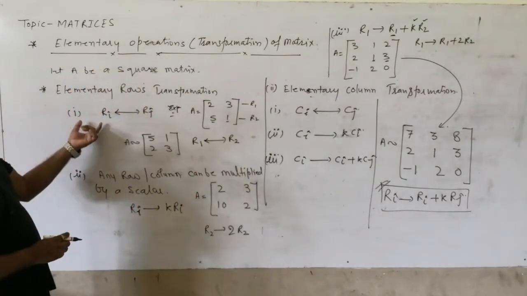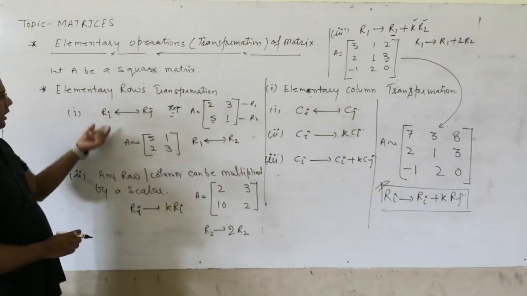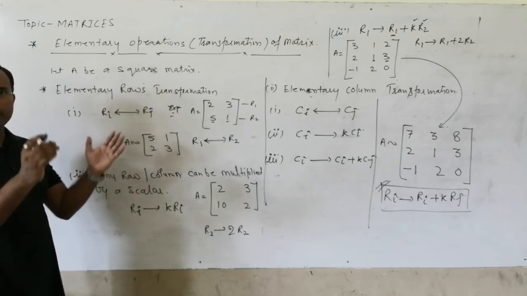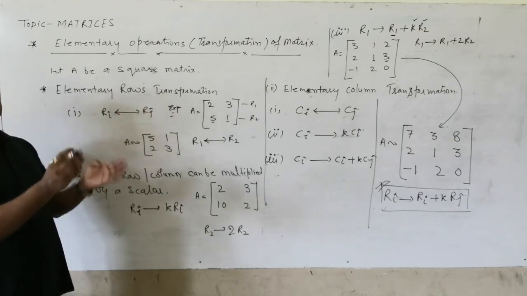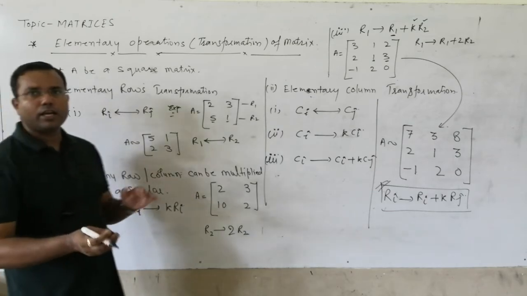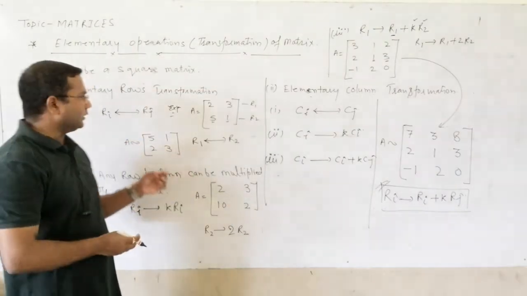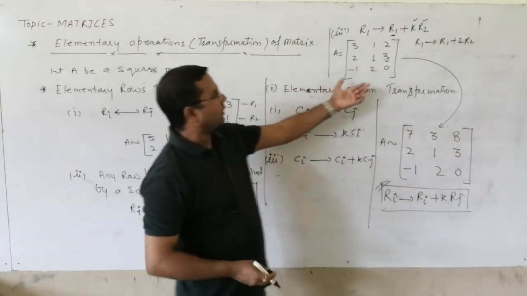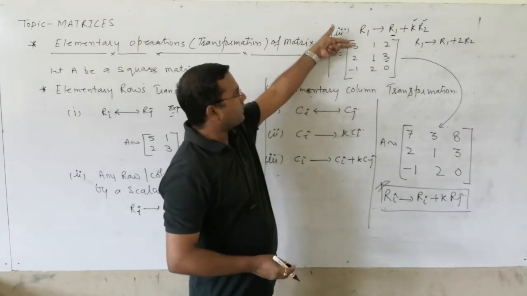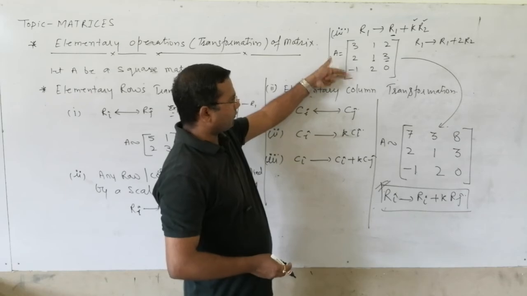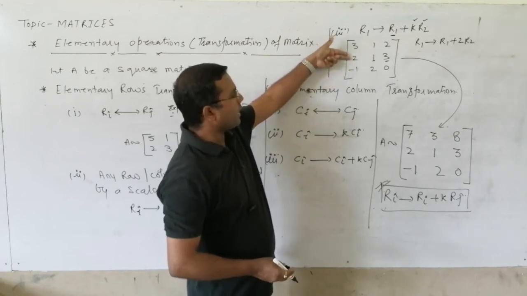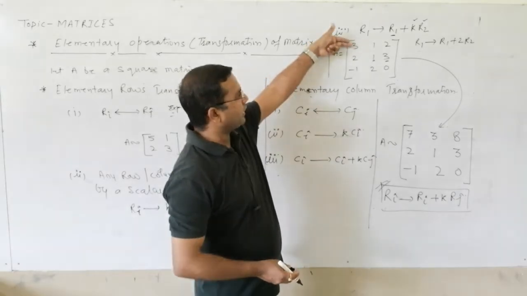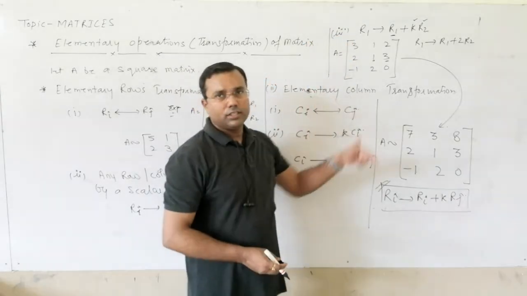The first operation we discussed for the row is that Ri and Rj can be interchanged. In any square matrix, we can interchange any 2 rows. If it is a matrix of order 3, we can interchange R1 with R3, or R2 with R3, or R1 with R2.